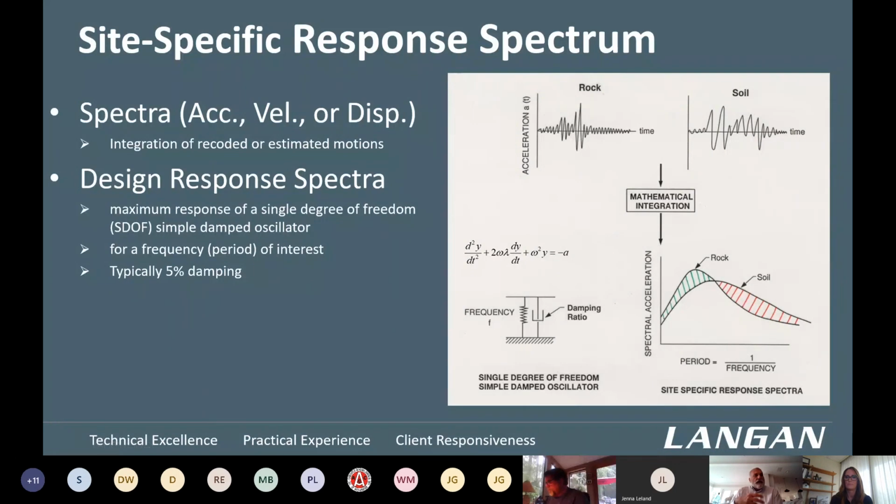So how do we develop this response spectrum? A response spectrum is basically the level of force in structures. Once we make these recordings, we do a mathematical integration of the recordings for a single degree of freedom, simple damped oscillator.